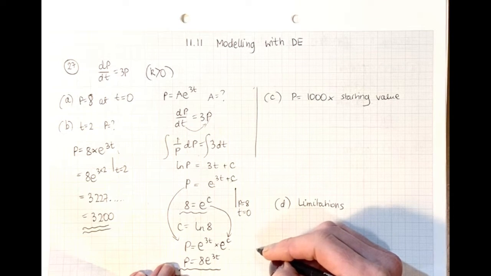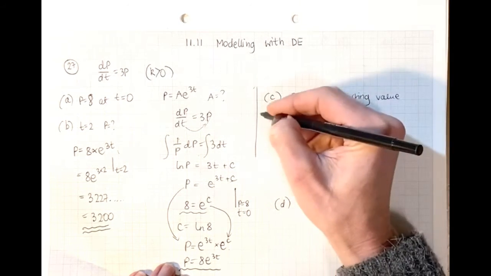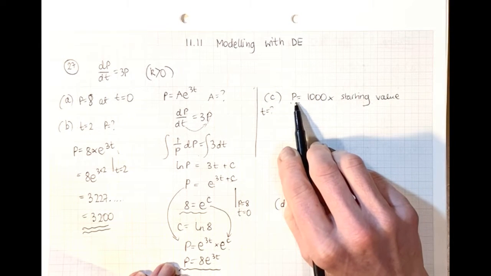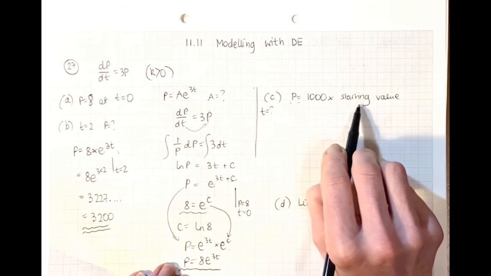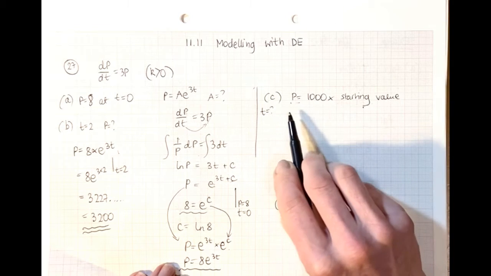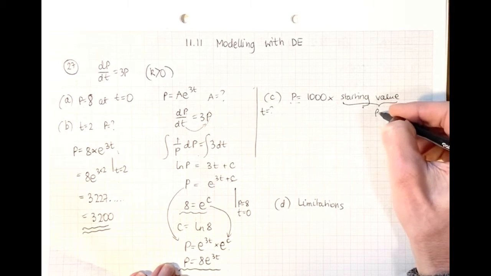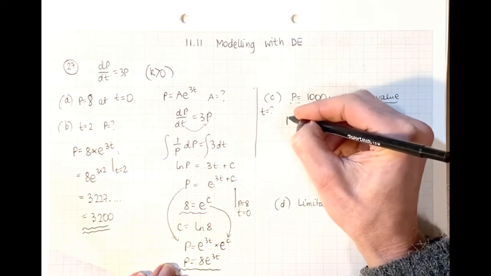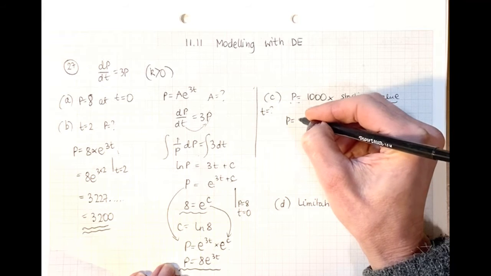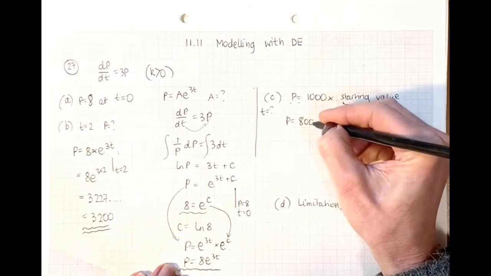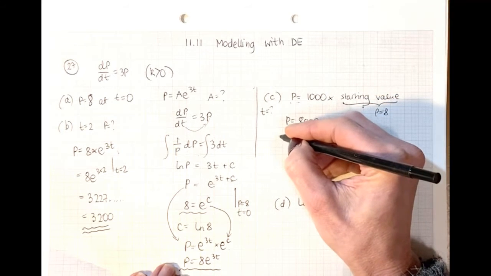Now for part C, we've got to find the value of t when the population reaches 1,000 times its starting value. So the starting value of population was equal to 8. So we're simply asking at what time the population is going to be 8 times 1,000, so 8,000.